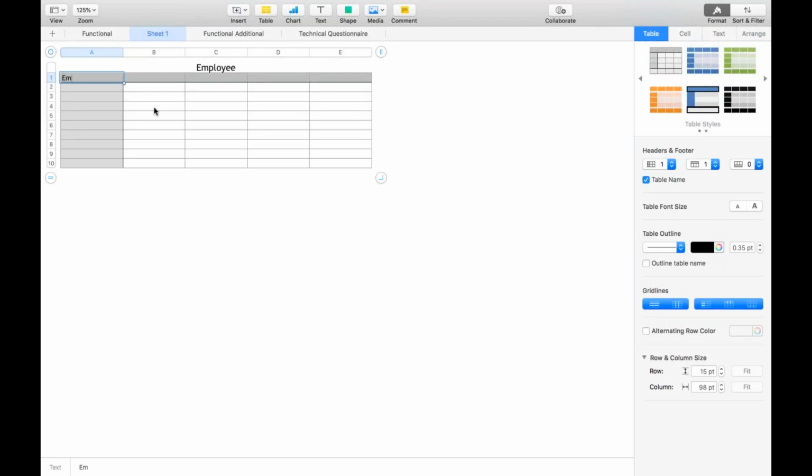It has employee code, a name, date of birth, or maybe year of birth, year of joining the organization, and current location. This is a simple employee table.